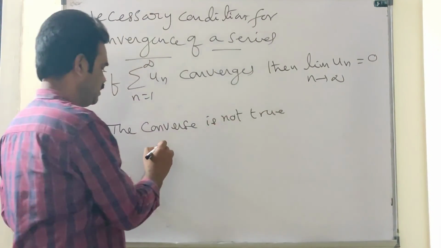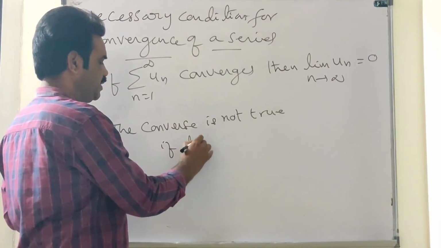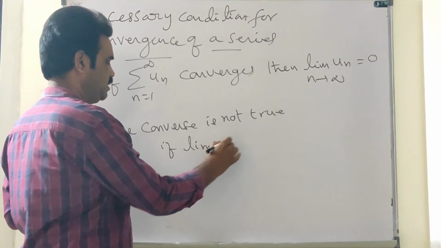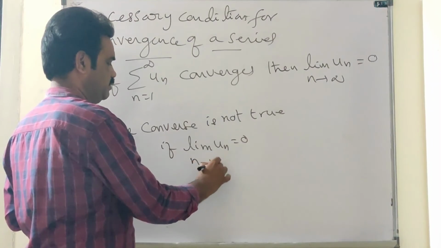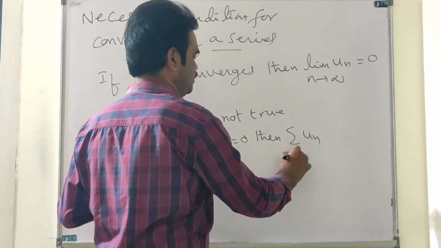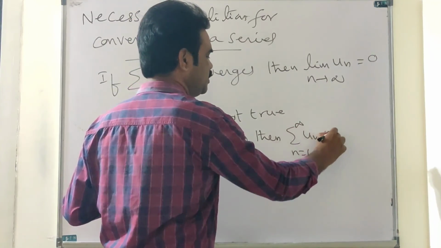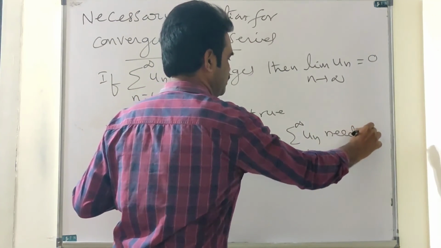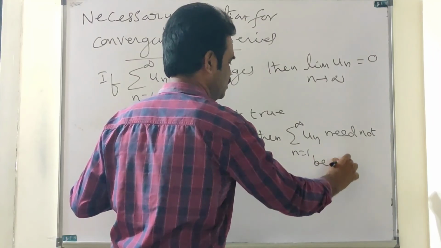That means if limit un is equal to 0, then sigma un, the series, need not be convergent.